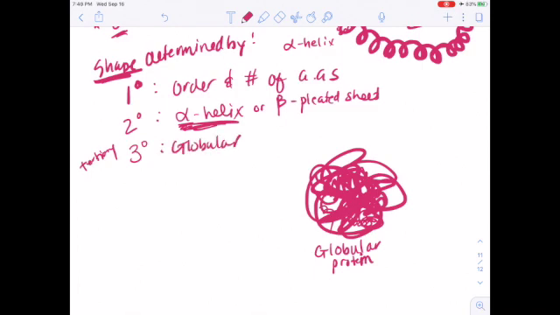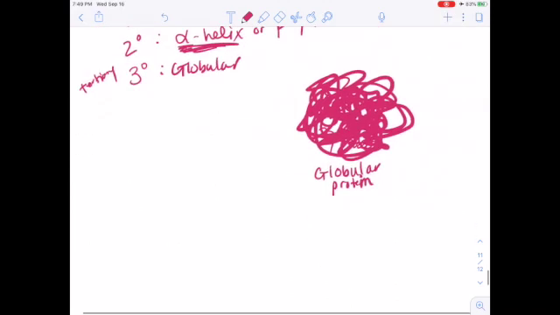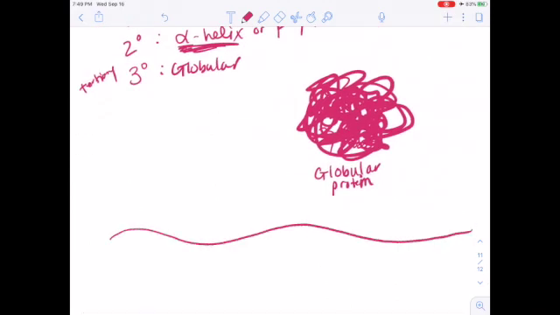A protein can be globular. But not all proteins get all folded onto themselves and look like a ball of snot. Sometimes they'll look very long and lengthy, like that. Like maybe you can have a really stretched out alpha helix, kind of like that. This is a fibrous protein. And so proteins at the tertiary level can be globular or fibrous.